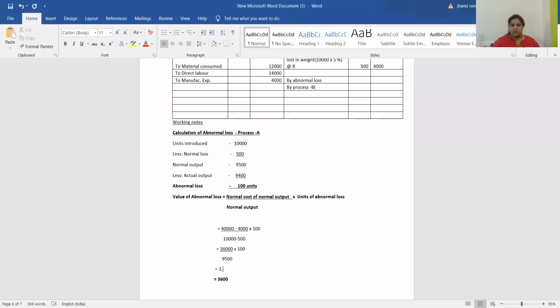Or 3.789 means it will come to 3.79, or sometimes it comes to 4 also. Either we can take 4 also. 3.78 into 100, it comes to 378.